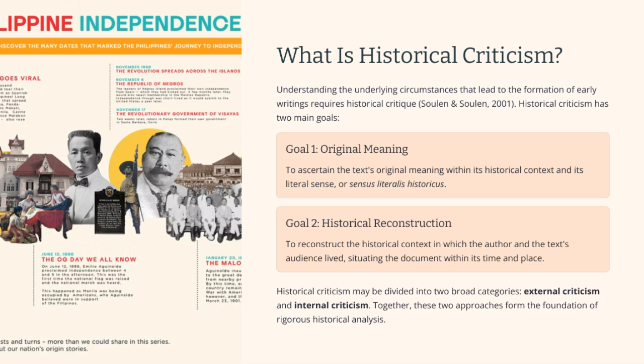To achieve this, historical critique seeks to uncover the circumstances that led to the creation of these early texts. So, in summary, historical criticism helps us connect the dots, understanding both the context in which a text was written and what it originally meant, forming a crucial part of our overall approach to biblical study.